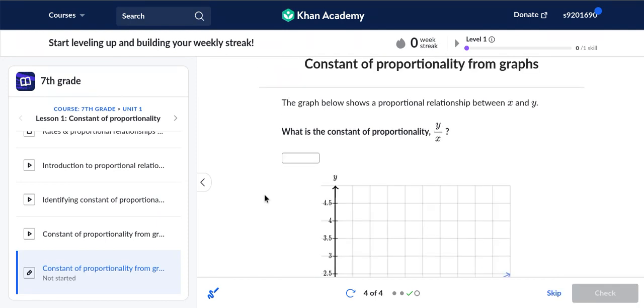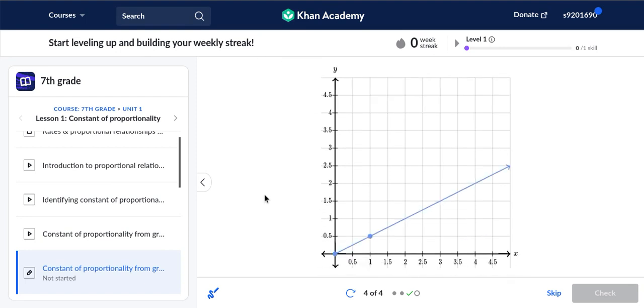This is what is the constant of proportionality of y to x. So now the line going straight across the coordinate plane is directly pointing to the y-axis. We have our numbers, so I'm going to read the x-axis first: 0.5, 1, 1.5, 2, 2.5, 3, 3.5, 4, 4.5.